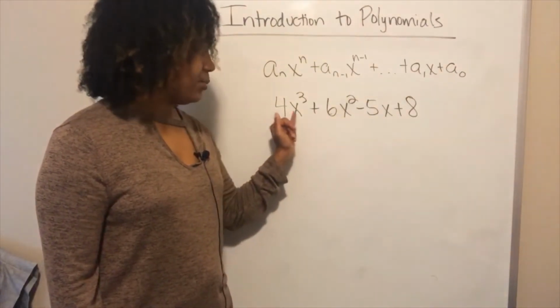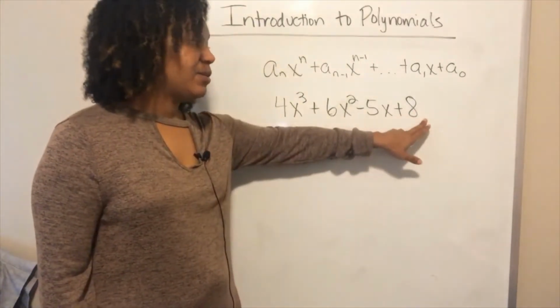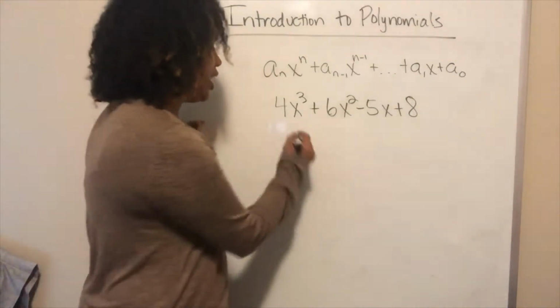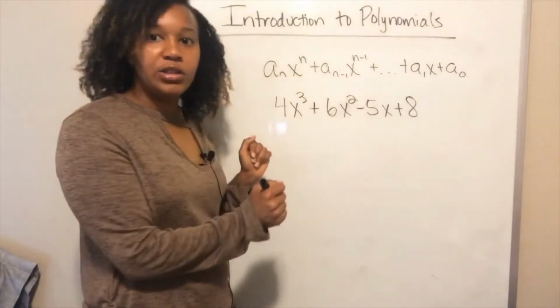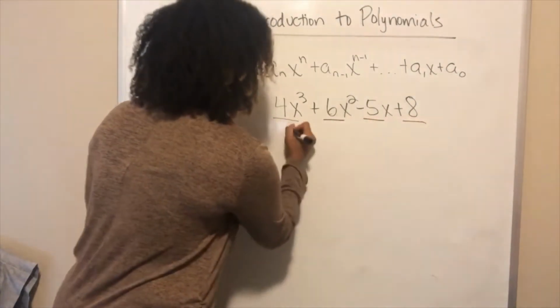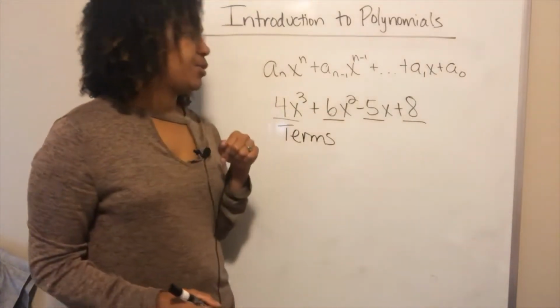Each term has a number and a variable with an exponent. And even in the absence of a variable, this is like saying x to the 0 power. So we call each of these that's separated by a plus or minus sign, we call these terms. So these are called terms, and there are 4 terms in this particular polynomial.